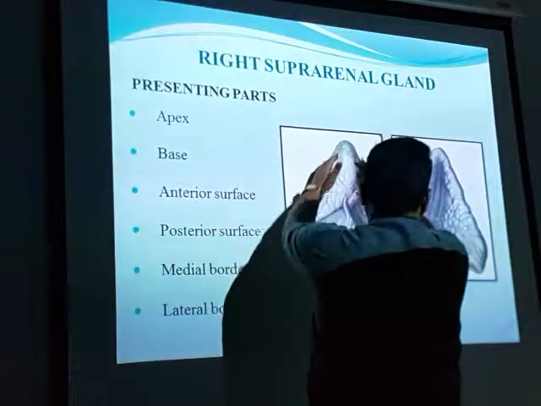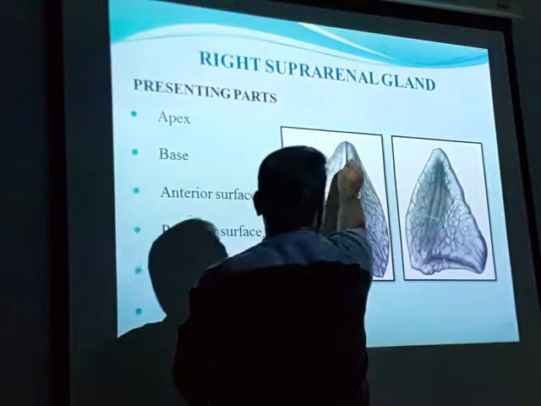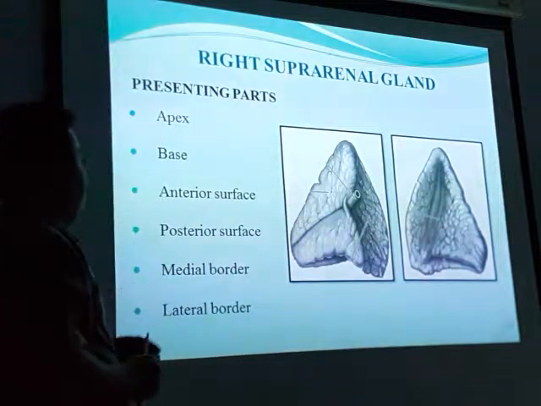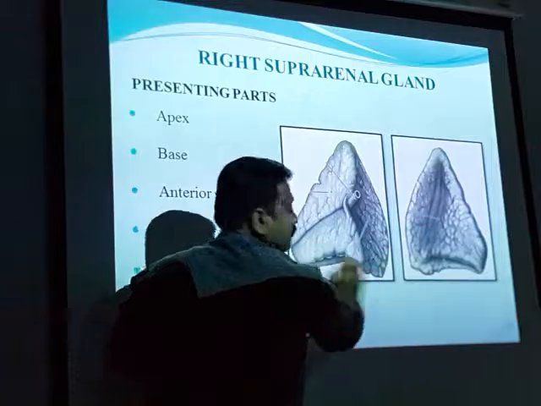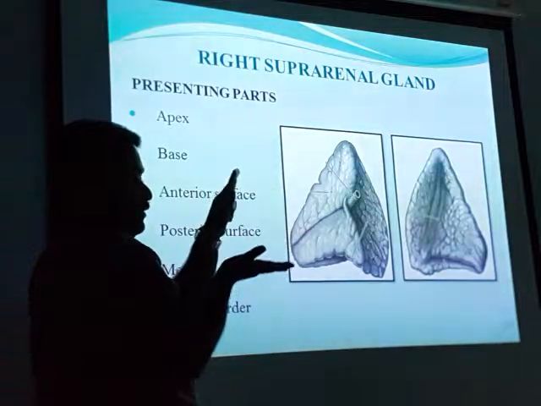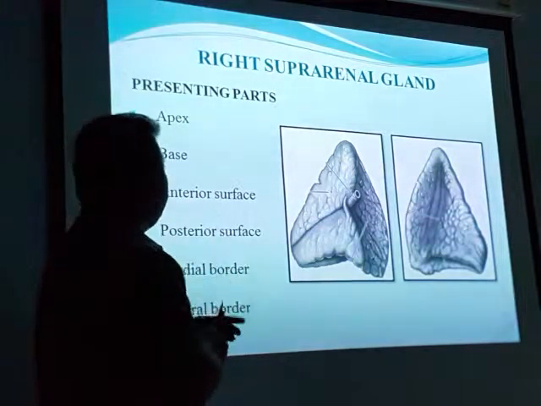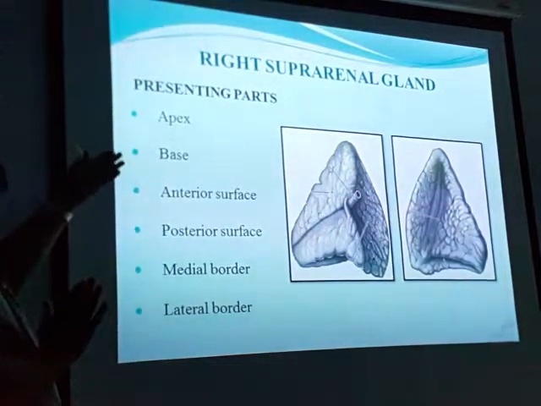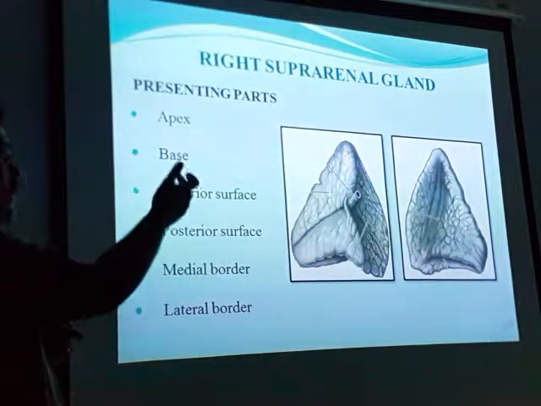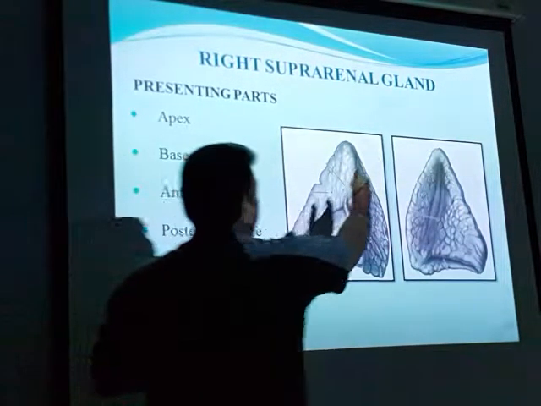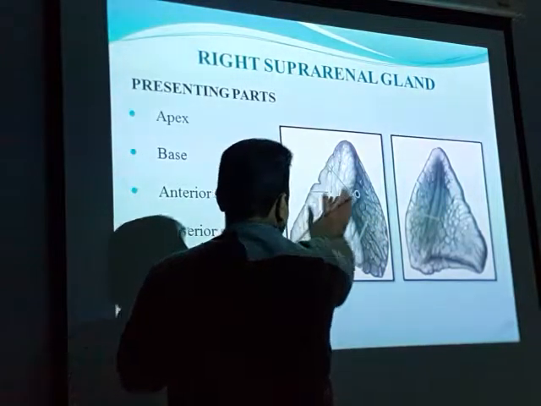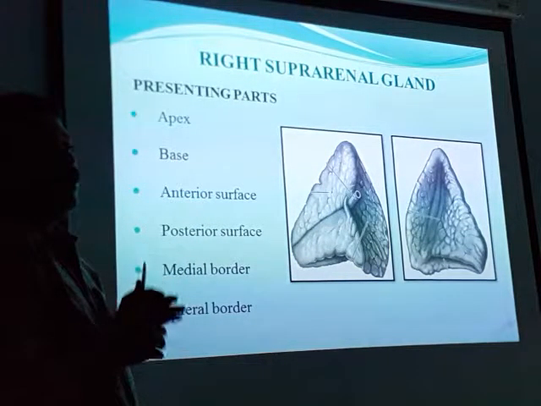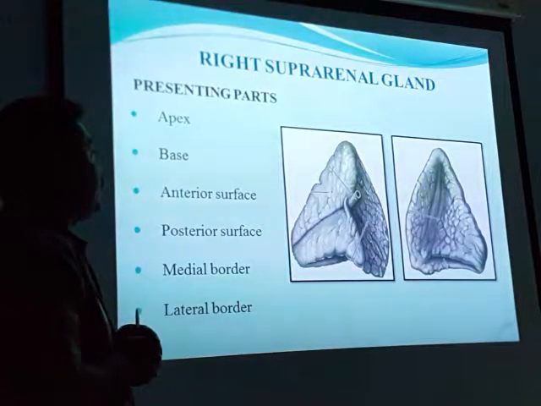Pyramidal means triangular, with a base and an apex. Next are the anterior surface, the posterior surface, the medial border and the lateral border. These are the presenting parts of the right suprarenal gland.